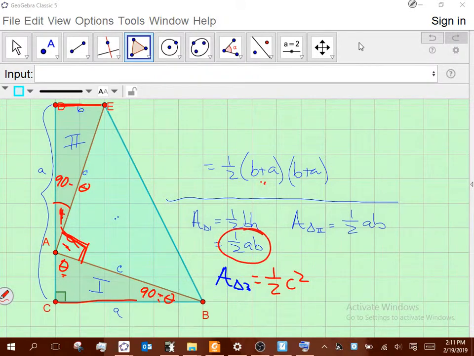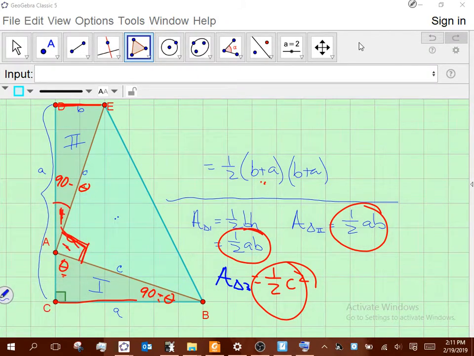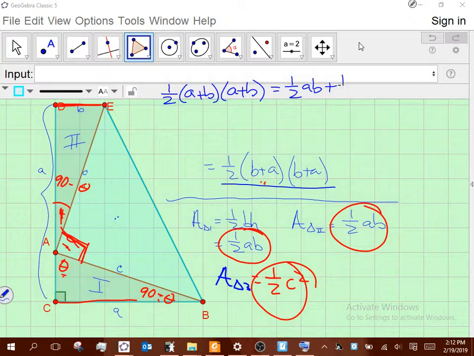All right, so this is the area one way. If I add that and that together, it's the area a second way, right? What do you know about those two areas? They should be the same. So let's write this. 1/2 (A plus B) times (A plus B), that's this one, should equal 1/2 AB plus 1/2 AB plus 1/2 C squared, right?